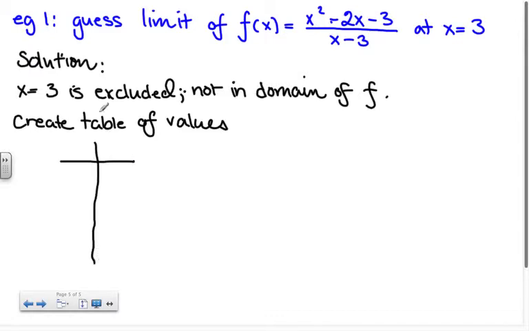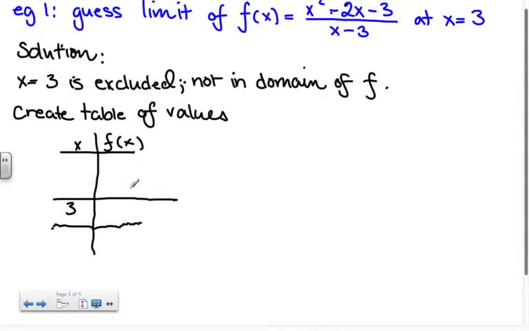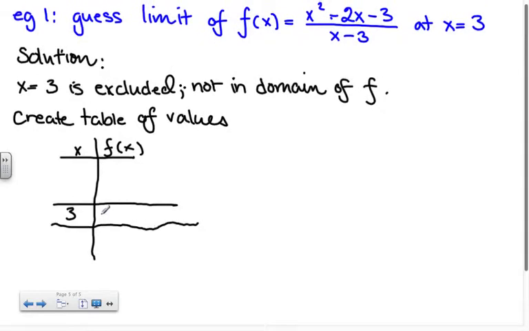You guys know how to draw a table. This is x, this is f of x, and we're choosing it at x equals 3. Now at 3, I happen to know that this is undefined. So now I need numbers that are close to 3, but not at 3 itself.